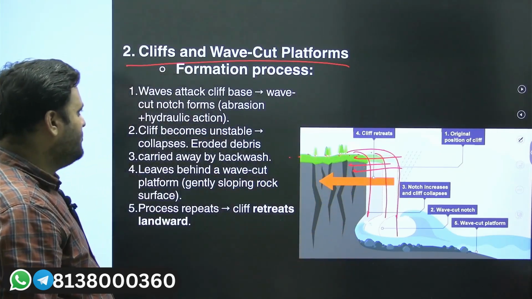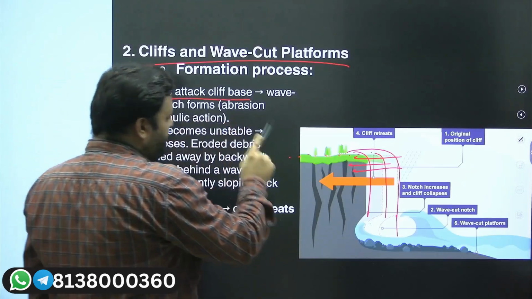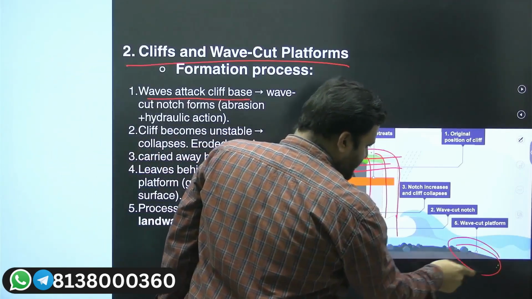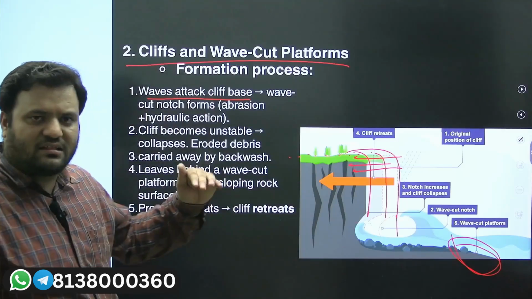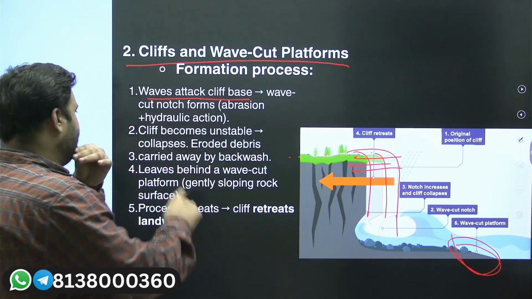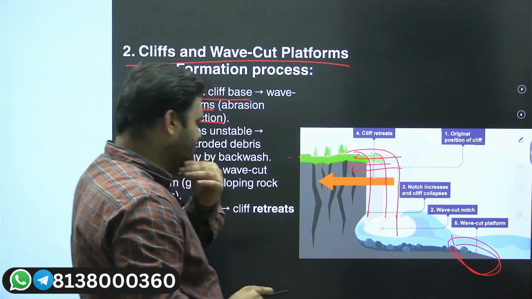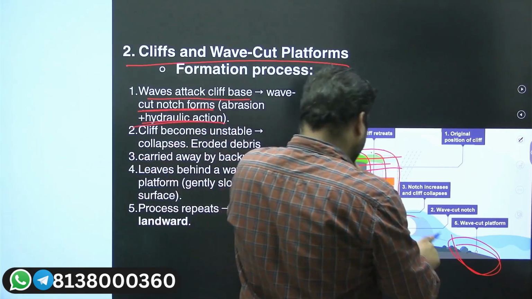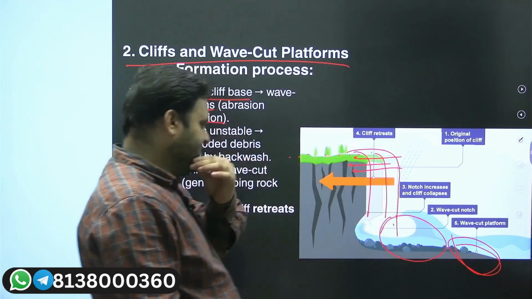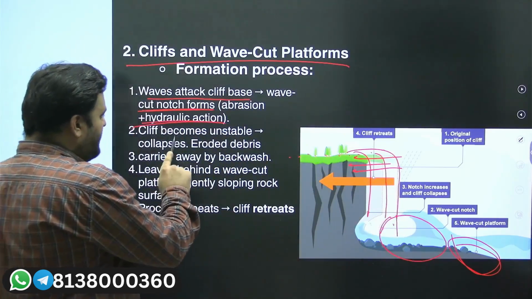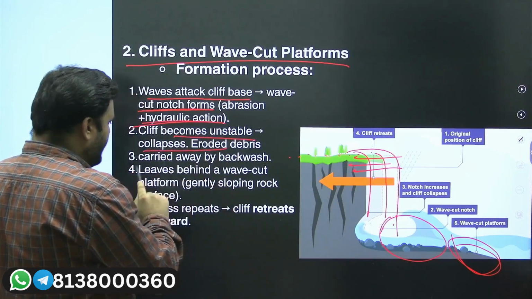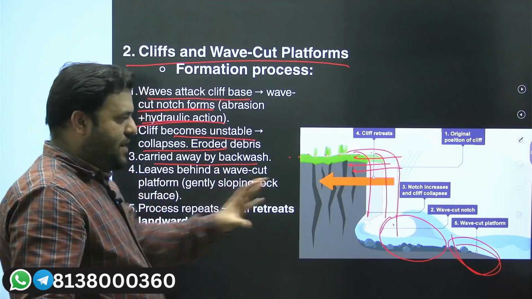When the waves attack the cliff base, a wave cut notch forms. Abrasion and hydraulic action lead to the removal of material here. The cliff becomes unstable, it collapses, and the material is carried away by the backwash.